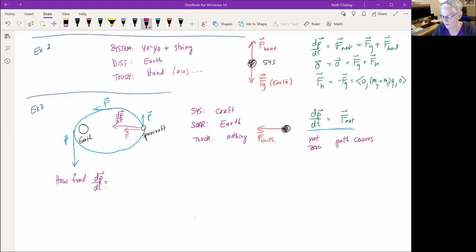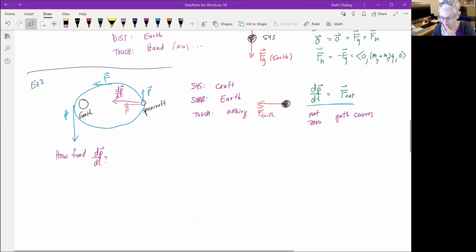Well, the scheme is this. We're going to take a snapshot of the system here. So here's the path. And we want to find the rate of change of momentum when the spacecraft is right here at this instant.